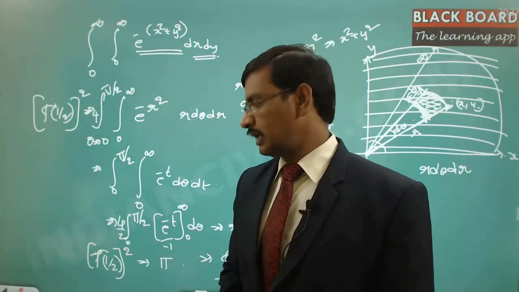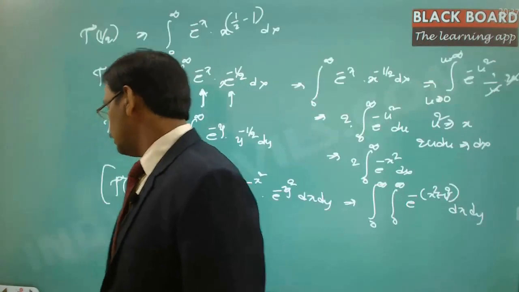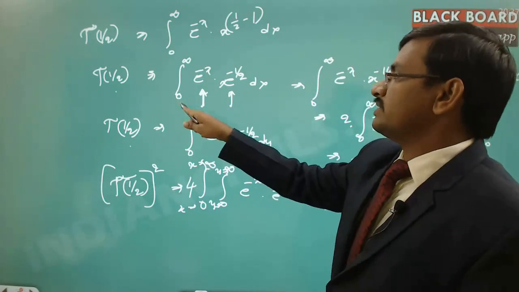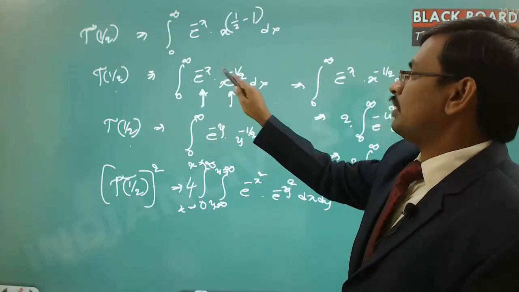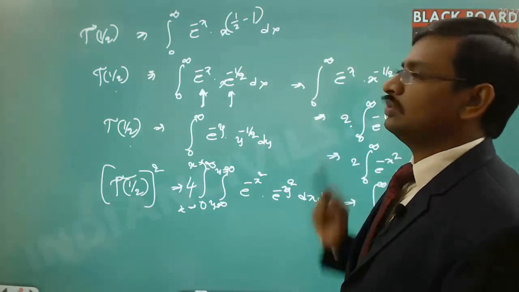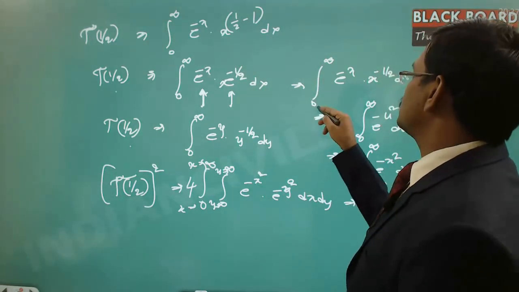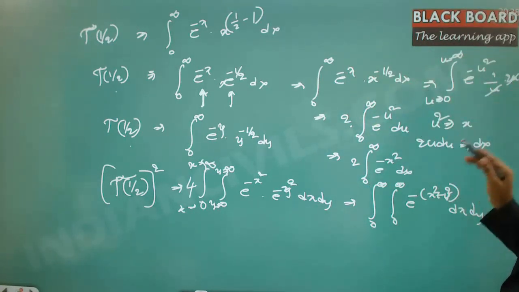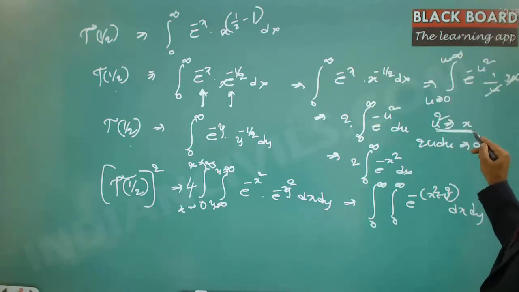So how is it 4 times? As I explained earlier, there is a factor of 4 here. See this? Gamma of 1 by 2 is expressed as the integral 0 to infinity e power minus x, x power minus 1 by 2 dx. Now this is converted by u square is equal to x.